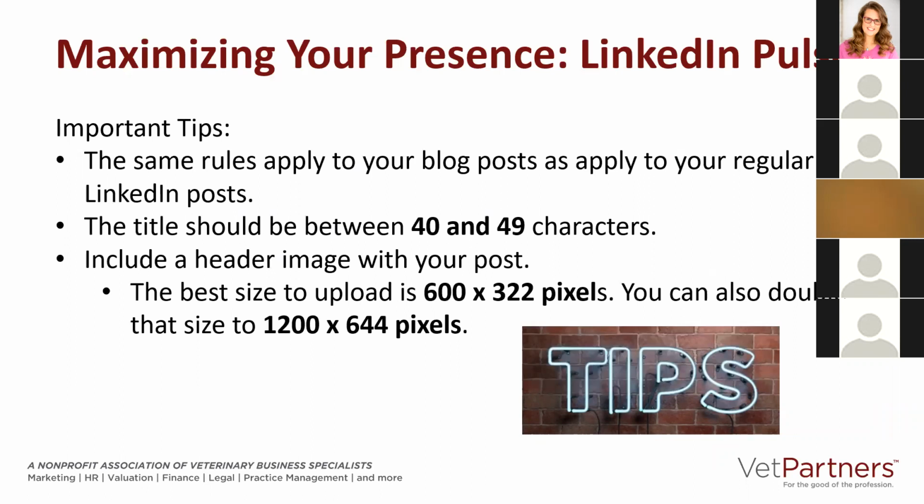Third, you should include a header image with your post, and that's the plus sign between the two photo icons that I was mentioning a minute ago. The best size to upload is 600 by 322 pixels, but you can also double that size to 1200 by 644 pixels.